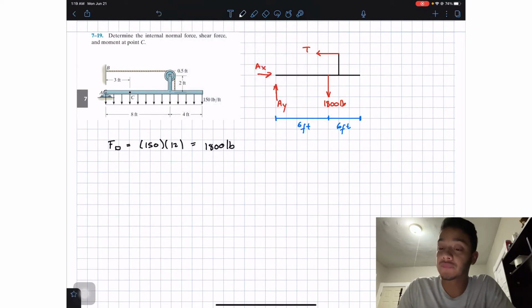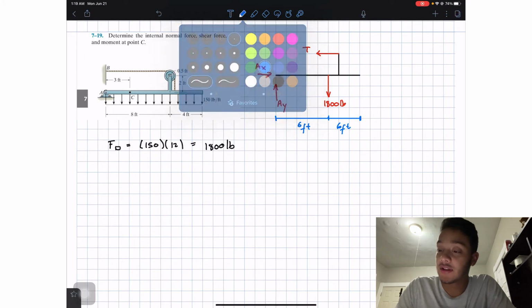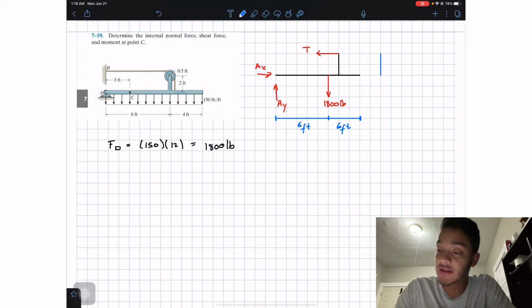Now the last distance that we're missing is this tension T with respect to our horizontal beam. We got 2 feet and then 0.5, so this will be equal to 2.5 feet.